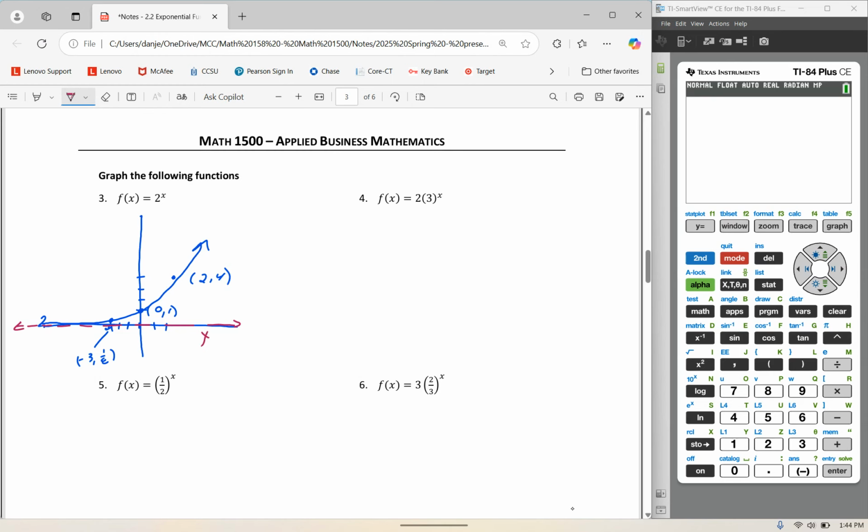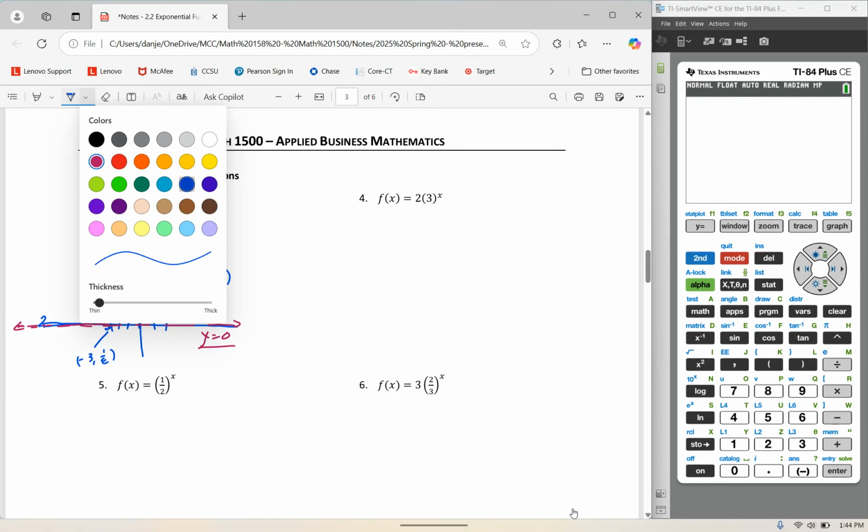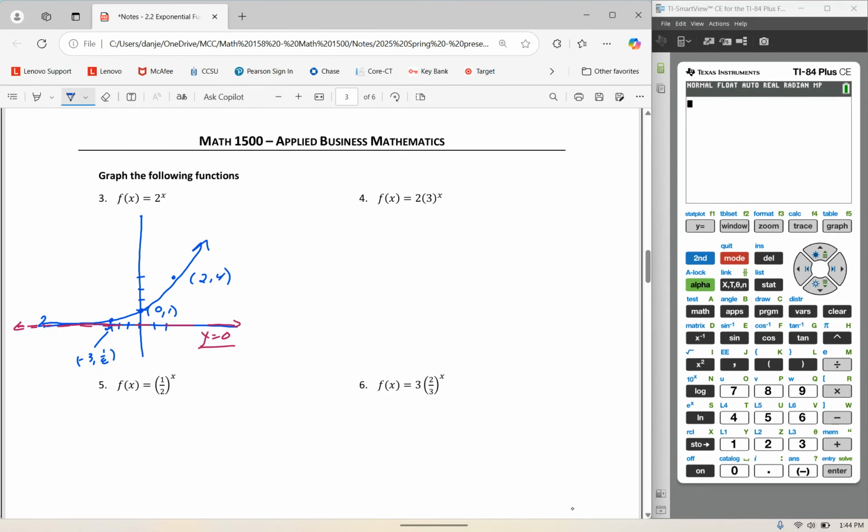So I'm going to label y equals 0 as a horizontal asymptote, because the graph will get closer and closer but never touch it. It is essential to me. I insist that students, that you always draw and label the asymptote. I also expect that you're going to give me at least 2 or 3 points.